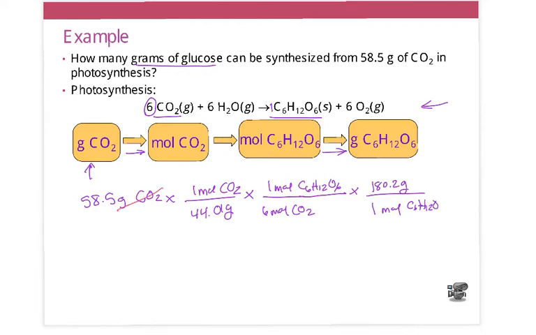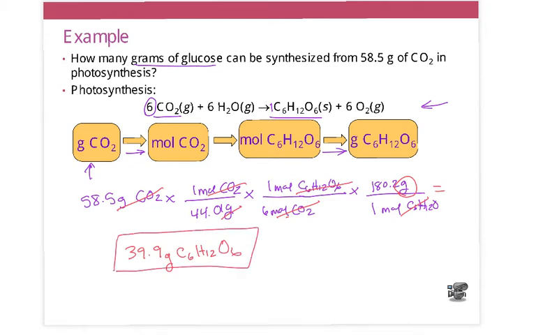All right, let's cancel these out, and we're left with grams of glucose. We make sure that we round to the correct number of significant figures. We put our unit of grams, and we put grams of what, which is grams of glucose, and that's our answer.